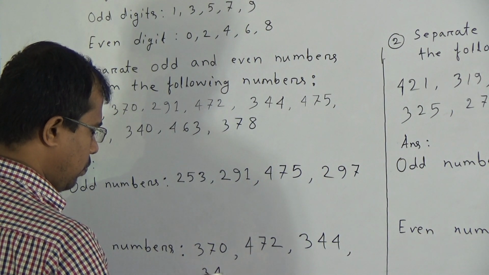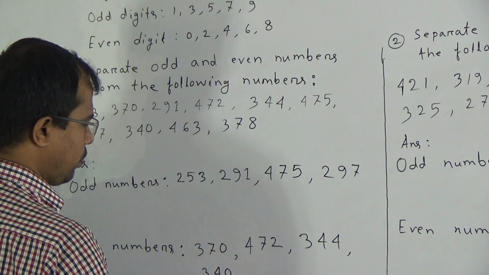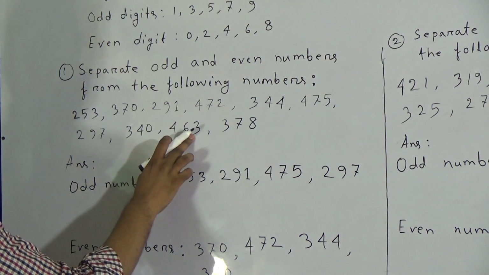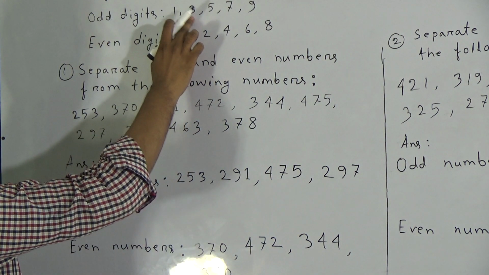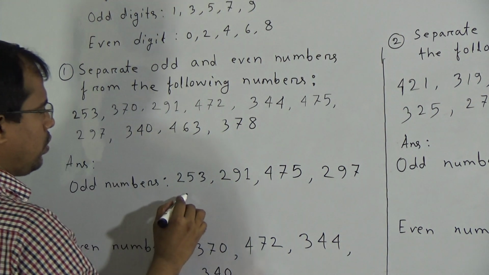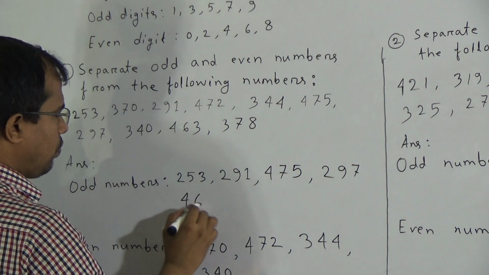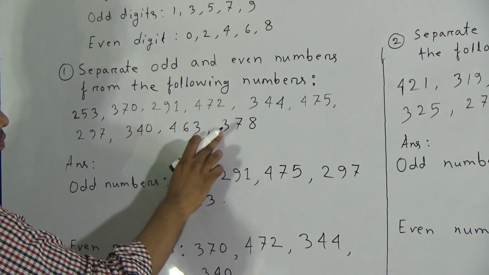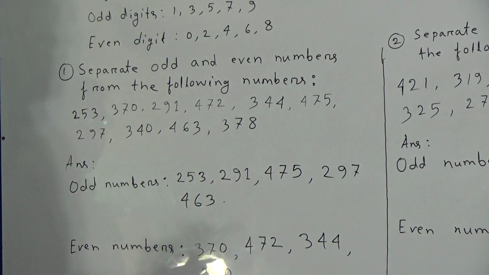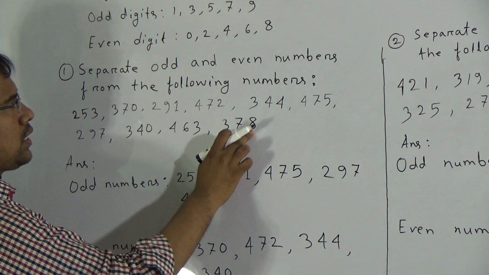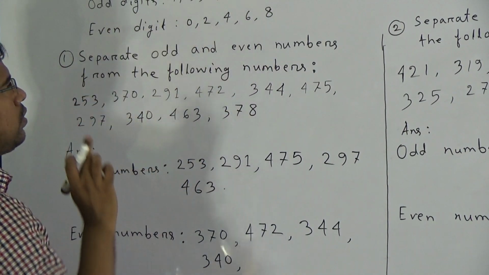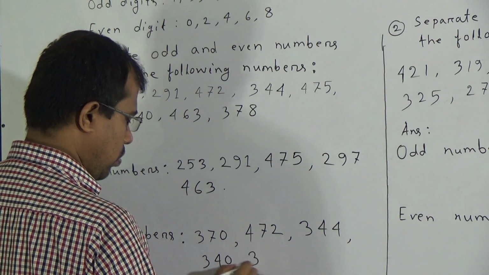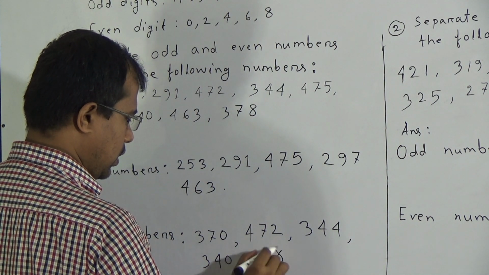Now 463, ones place digit 3, 3 is odd digit, so 463 will be odd number. Now next number 378. Here ones place digit is 8, 8 is even digit, so 378 will be even number.